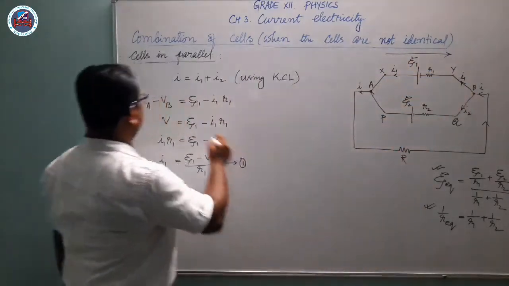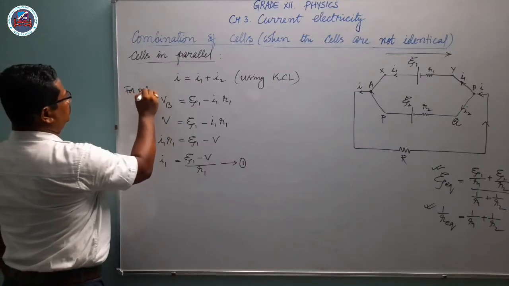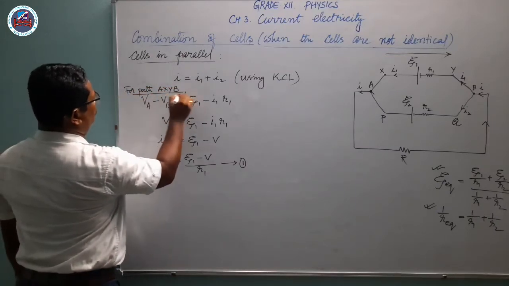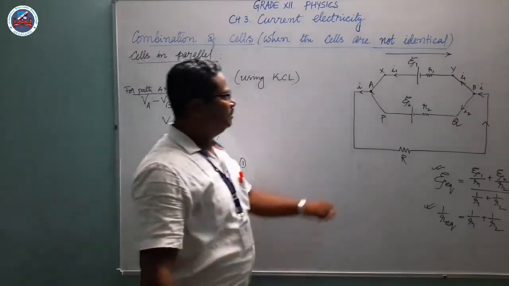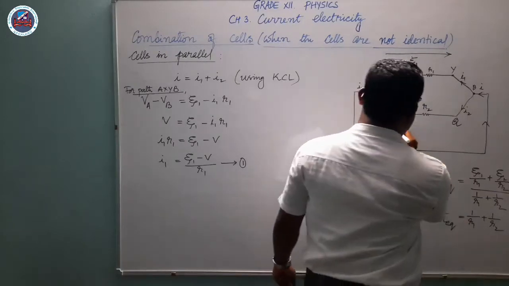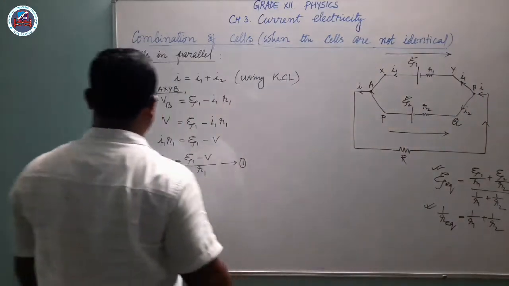AXYB. I can write here for path AXYB. After doing this, we go to the next branch, that is APQB. The same way, we choose the path from left to right.